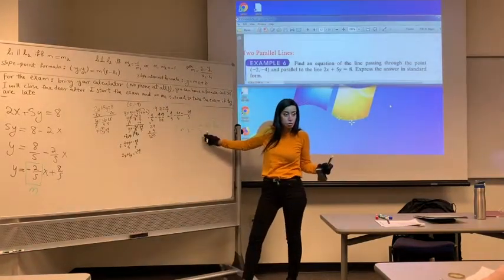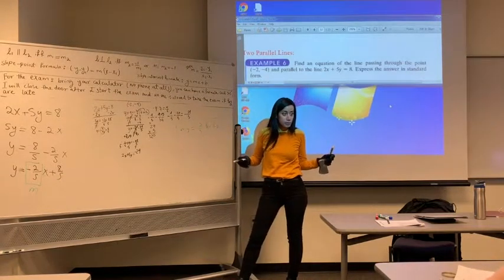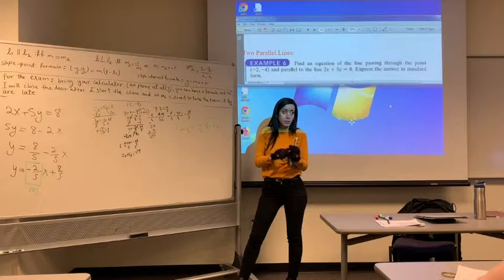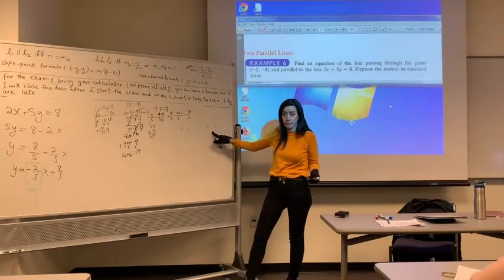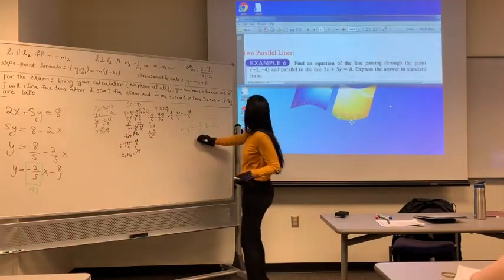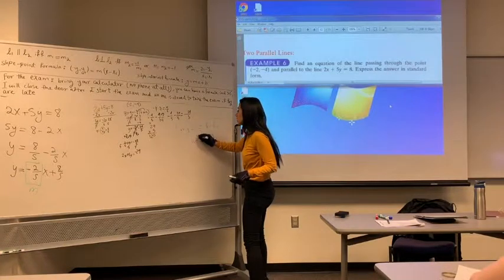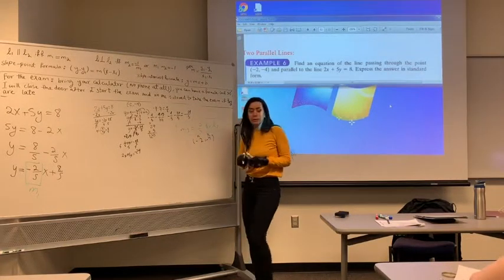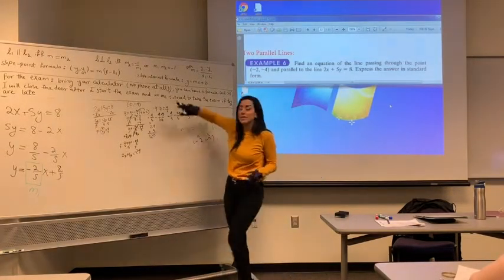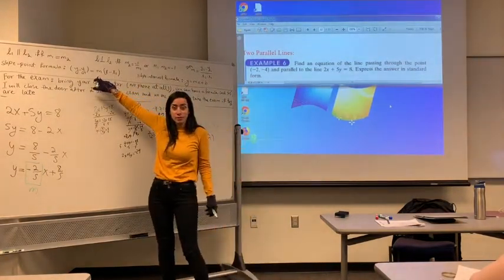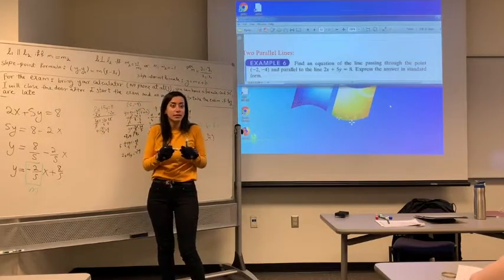Now M2 should be exactly the same as M1 because these two lines are parallel, right? So that's the reason. And then if we have a slope for the second line and we have a point like negative 2 and negative 4, we can use this slope and this point and replace everything in this formula, right? And then we will have the formula for the second line, correct?